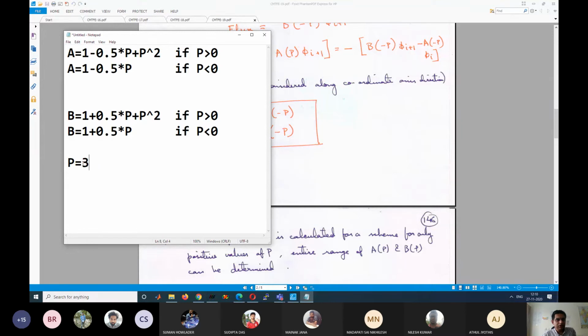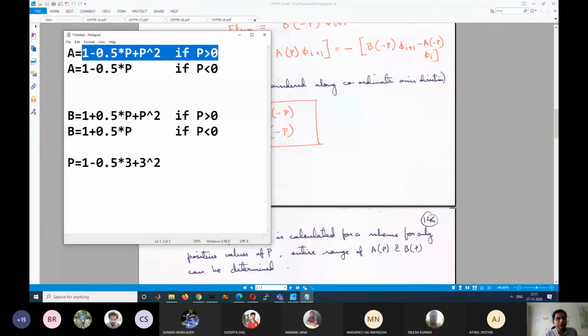So I know that for positive values, 1 minus 0.5 times 3 plus 3 square. This is P. So I know only this expression, only the top expression. So only for positive values of P, I know the value.